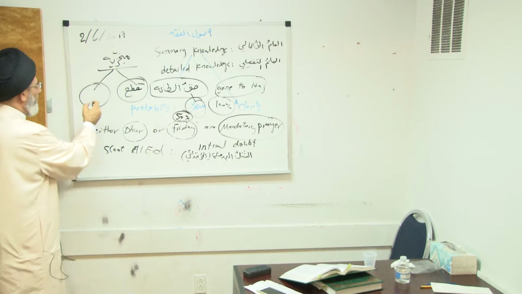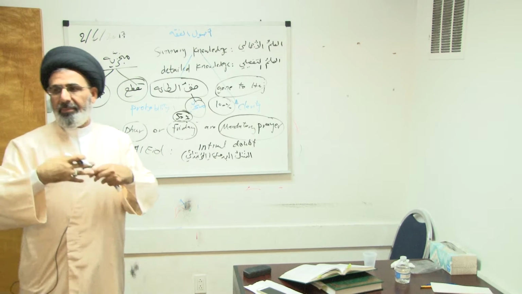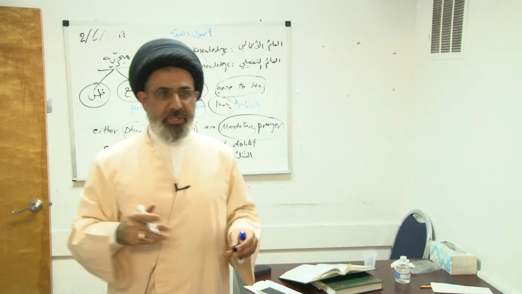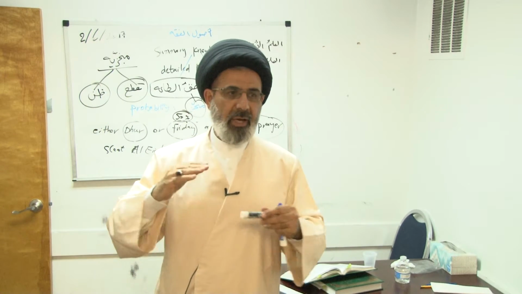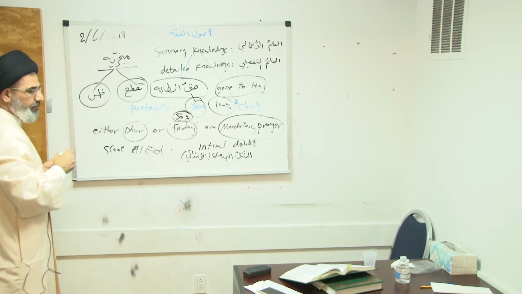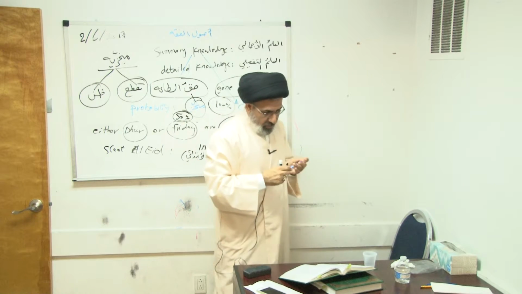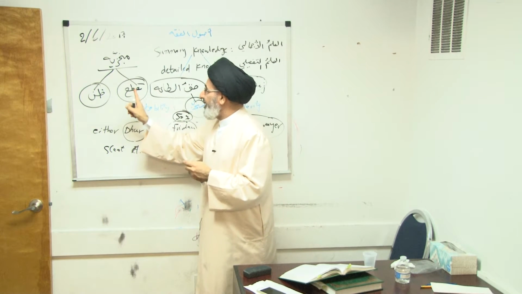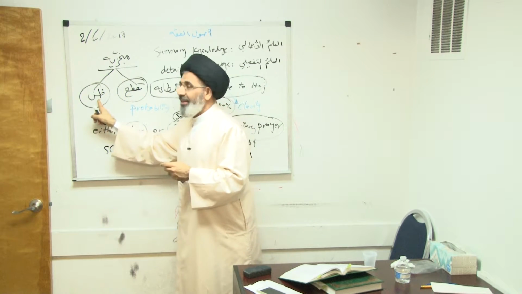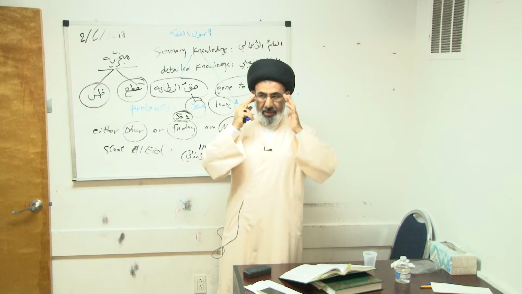Ihtimal or dhan. Let's say dhan. Call it dhan, ihtimal, probability, speculation, whatever you want to call it, which is not qata'. This is 100%, this is 50%. Okay? Now, what did we say the difference between this munajjiziyya and that munajjiziyya? There is a difference between them. We mentioned that many times in the past.